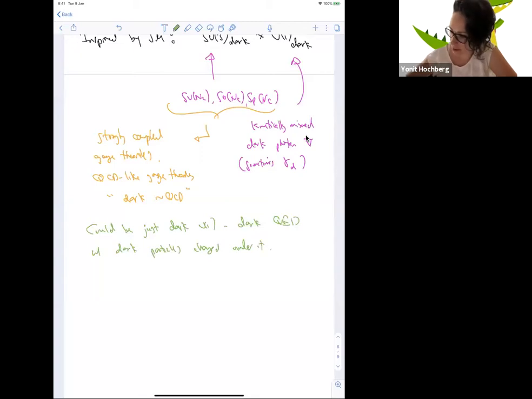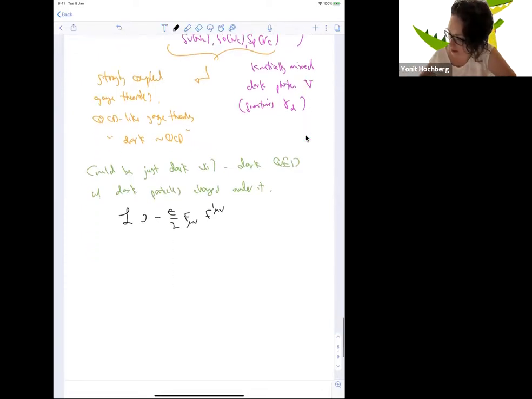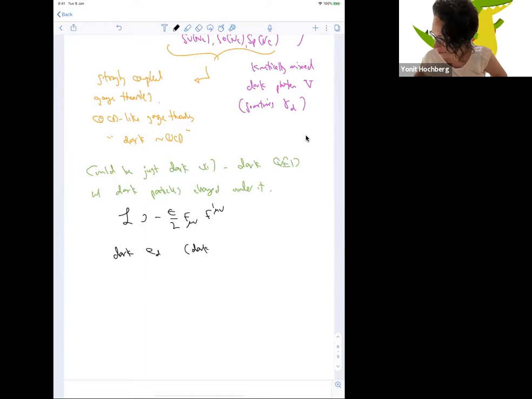Okay, and then my Lagrangian can contain a kinetic mixing, which I'll call epsilon, so minus epsilon over 2, F^{mu nu} F'_{mu nu} for the dark sector. Okay, and I'll also have some dark version of e, so a dark e_D, and this is the same thing as saying I have some dark fine structure constant, alpha_D.